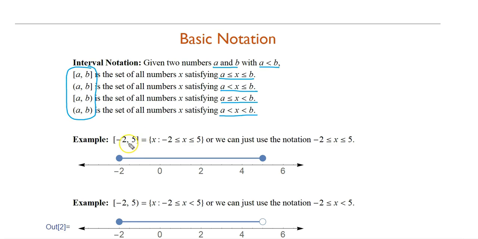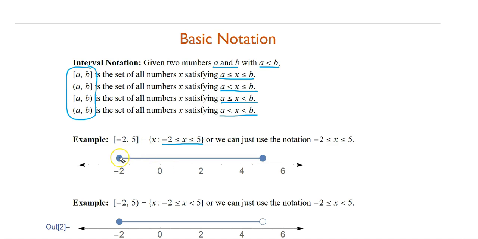So for example, if we look at the closed interval -2 to 5, what that represents is all the numbers x between -2 and 5, and x can equal -2 and 5. So here we have that set graphed on the real number line down here. So notice it's all these numbers.